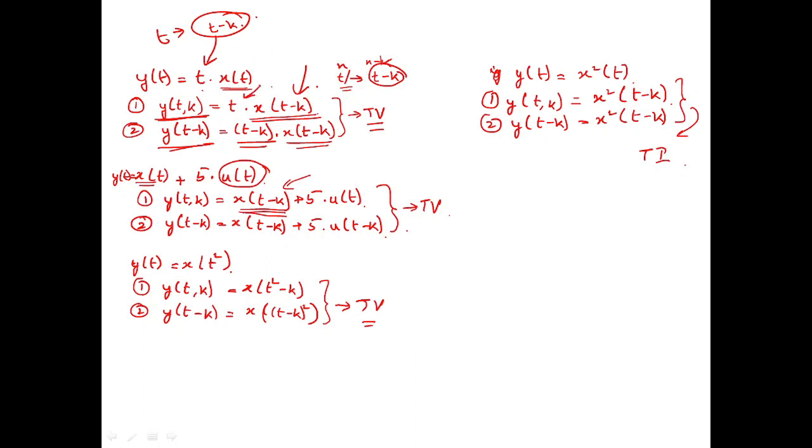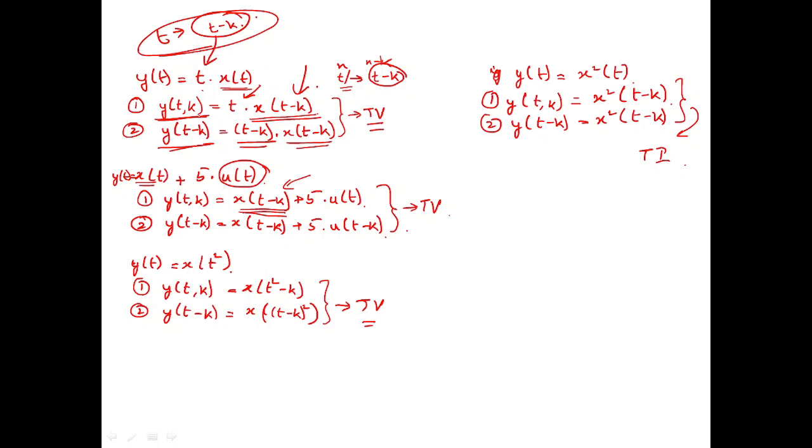In the first case, we were delaying the signal. In the second case, we are not delaying the signal, we are just replacing t with t minus k. Wherever we find t, we replace it with t minus k. If it is n, we replace it with n minus k.